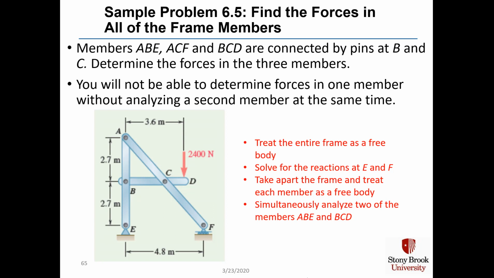Members ABE, ACE, and BCD are connected by pins at points B and C. We're going to treat the entire frame as a free body and solve for the reactions at E and F, and then we'll take apart the frame and treat each member as a free body. And we will simultaneously analyze two of the members, ABE and BCD.